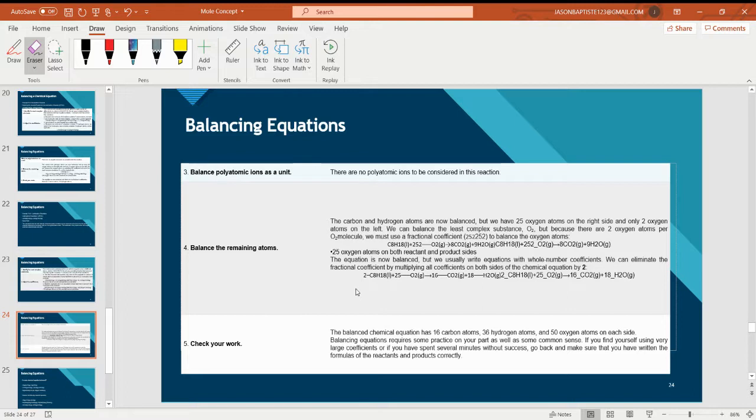If you find yourself using large coefficients, or you have spent several minutes without success, go back and make sure that you have written the formulas of the reactants and products correctly. Because if the equation to start with is wrong, then how could you balance it? So it has to be right to be able to get it right.